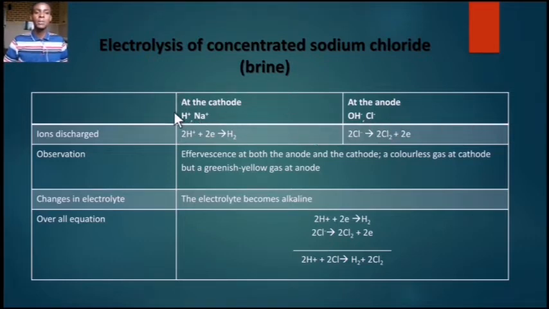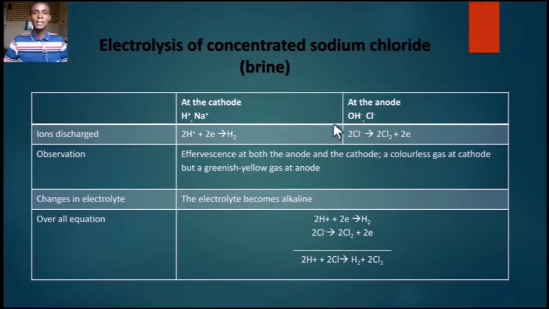But look at this. Even though sodium ion is more in solution than hydrogen ion, hydrogen ion is still discharged at the cathode. The reason for this is because hydrogen ion is far from sodium ion in the electrochemical series. So no matter the concentration of sodium ion in solution, hydrogen ion will most likely be discharged nonetheless.